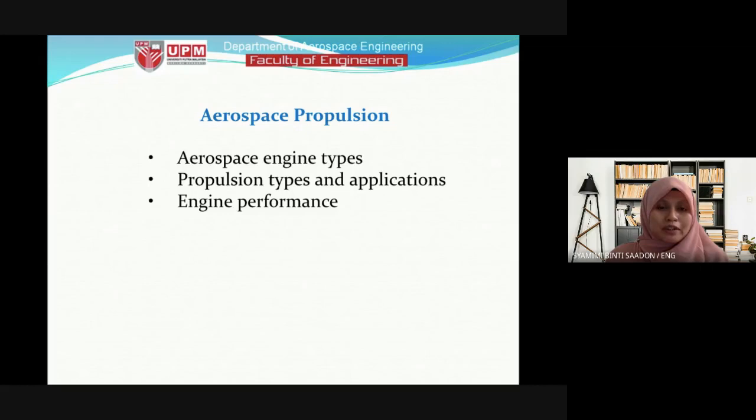So this week, in this next chapter, I'm going to introduce to you the performance parameters that we have to know in order to calculate, to solve, and even to design aerospace propulsion.